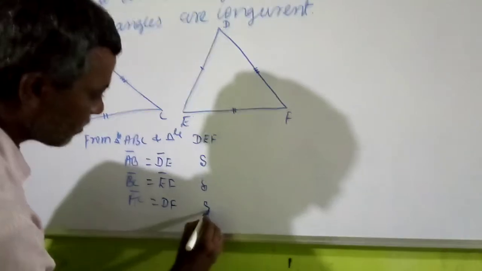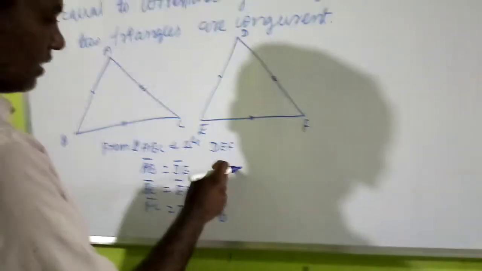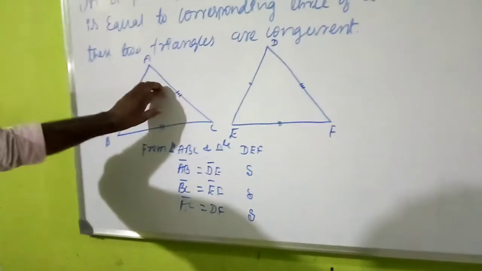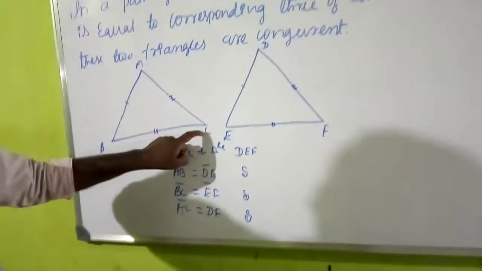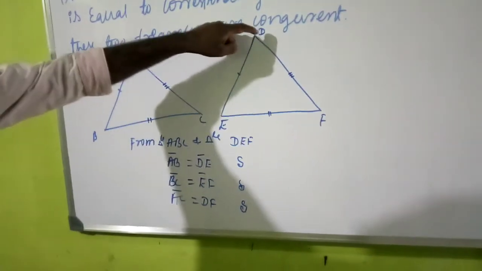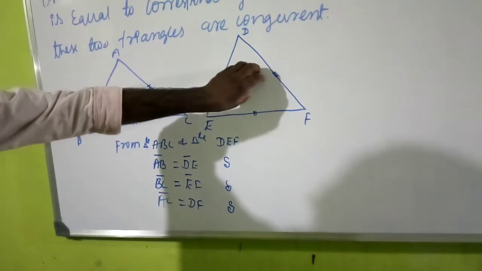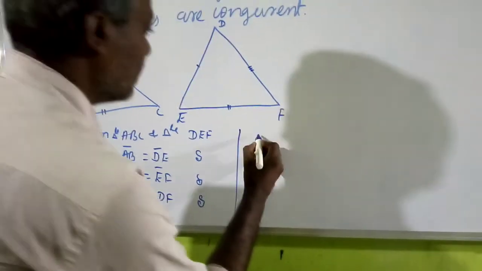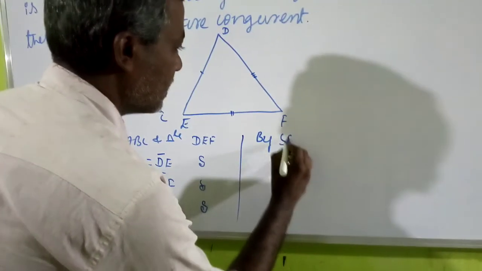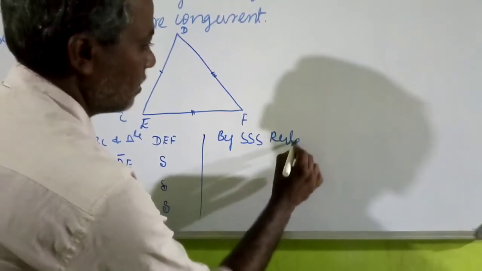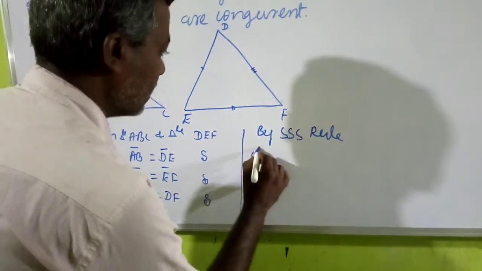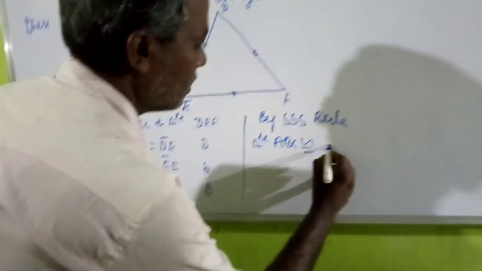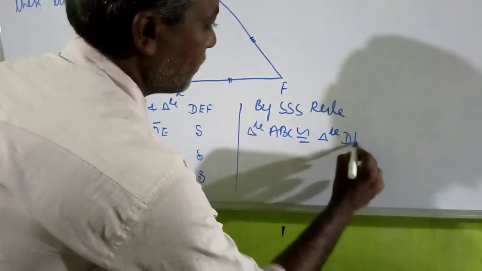So this is also a side. Side, side, side: three sides of triangle ABC are equal to the corresponding sides of DEF. Then you should say this is the minimum rule. So by SSS rule, triangle ABC is congruent to triangle DEF.